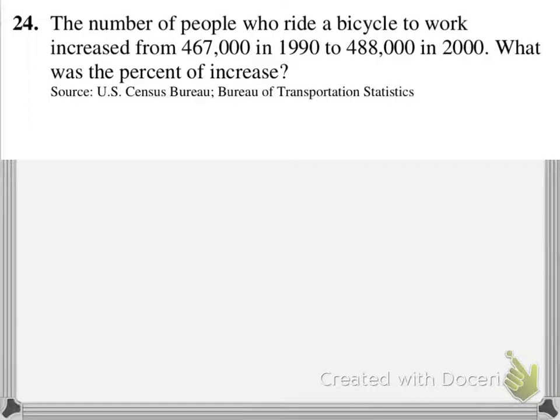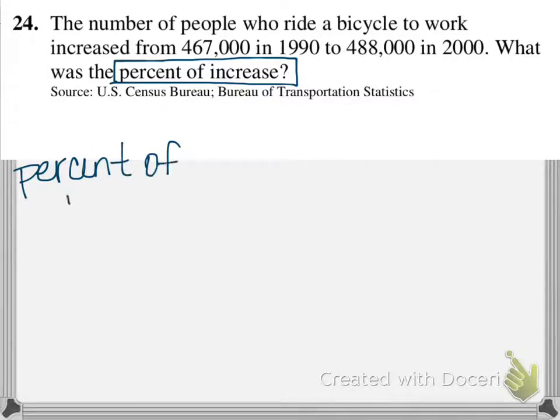The last type of problem we're going to look at is what we call a percent of change, and in this particular problem we're looking at a percent of increase. It doesn't matter if it's a percent of increase or decrease, you still solve the problem the same way. So when you're working with what we call percent of change, the way you set up the problem is still very similar. I like to use a percent proportion.